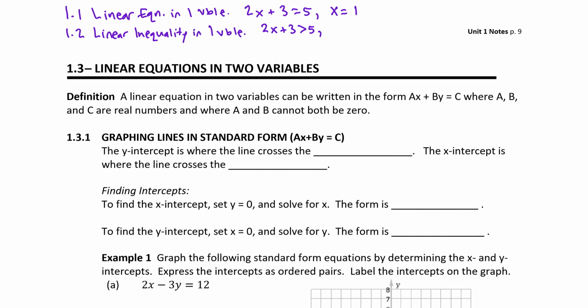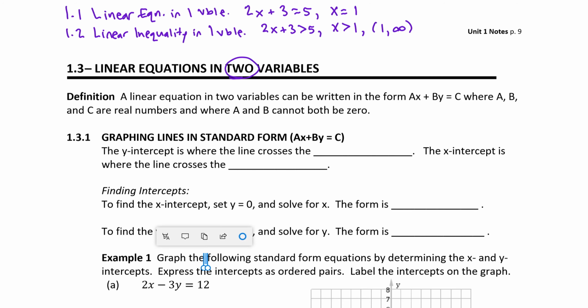We learned that the solution to a linear inequality in one variable is a whole interval of solutions. We learned how to express those solutions in interval notation. Thus, we get an infinite number of solutions for an inequality, whereas we get one distinct solution for a linear equation. Now, we're going to progress to linear equations in two variables.